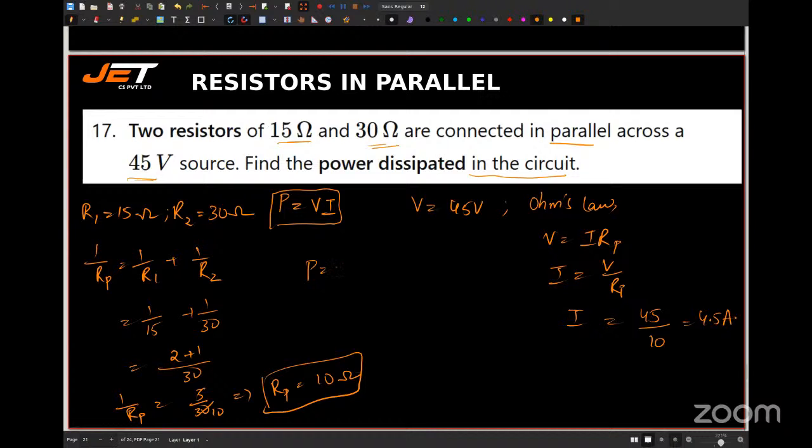P is equal to what is voltage? 45 into what is current? 4.5. What is 45 into 4.5? Give your answers in the chat box. I'll check how many of you are correct. I need what is P here. The units of P will be in watts.